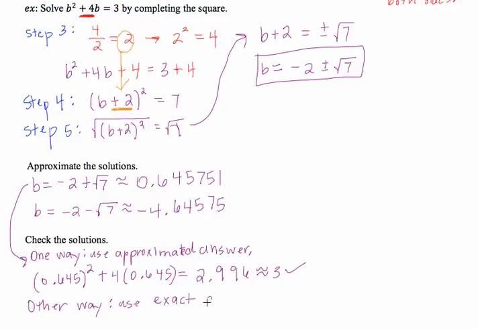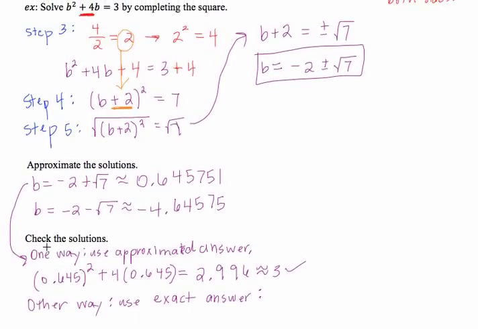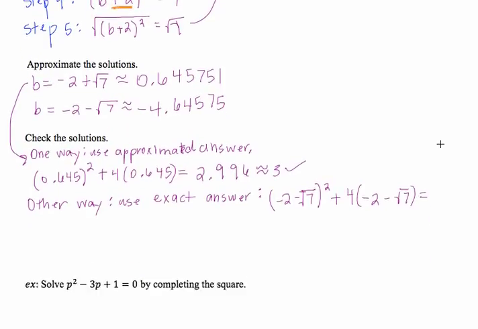So let's use this method for our other solution, which was -2 minus radical 7. Let's plug that into the original equation up here. Now if we plug that in, we'll have -2 minus radical 7 all squared plus 4 times -2 minus radical 7. Now hopefully that simplifies to 3. That's what we want to get. So let's see.